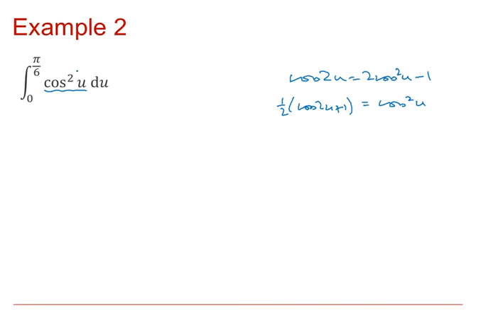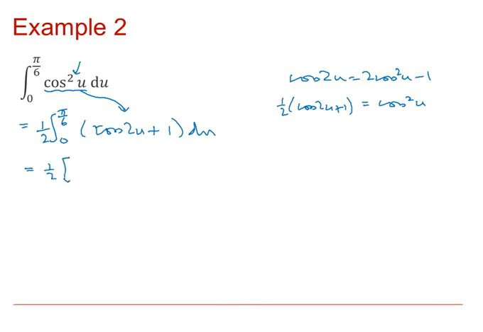And it's the squared in this integral which is making it difficult. Therefore, if we rewrite this integral as the integral from 0 to pi by 6 of a half cos 2u plus 1, then it is an easier integral. We don't have the squared term to deal with.